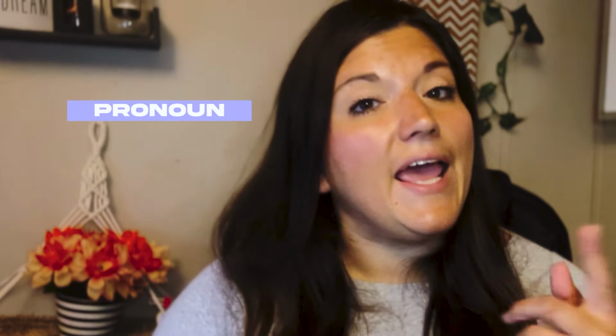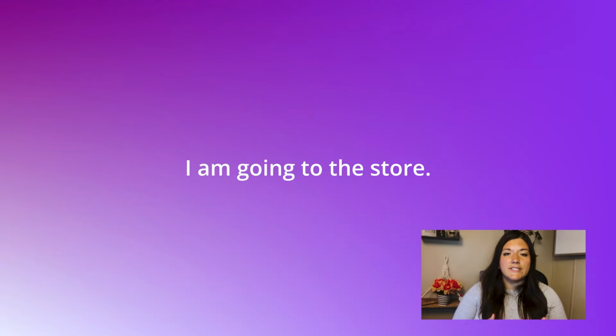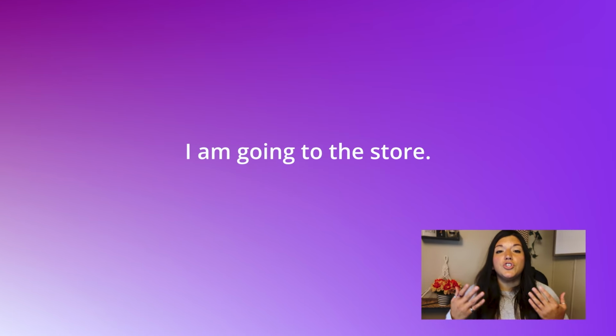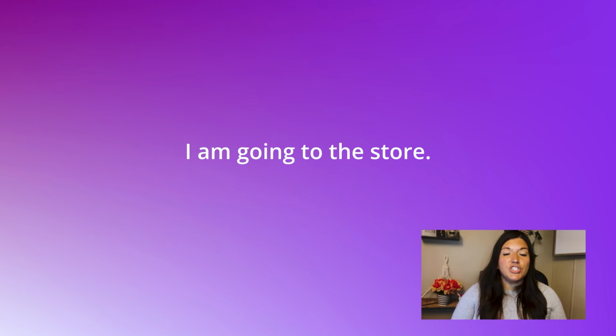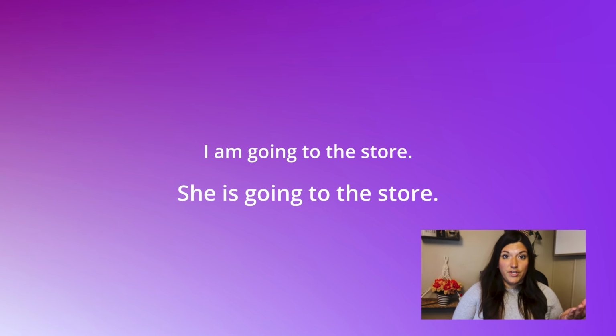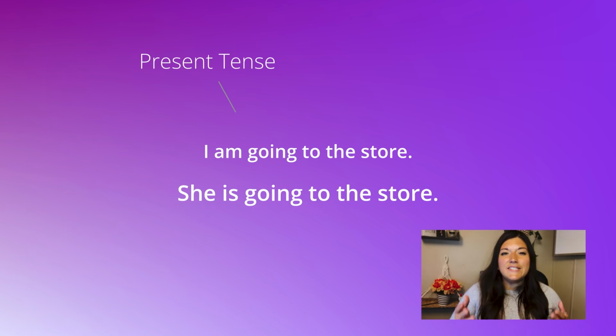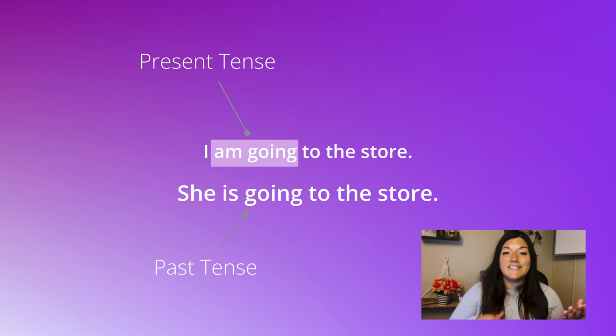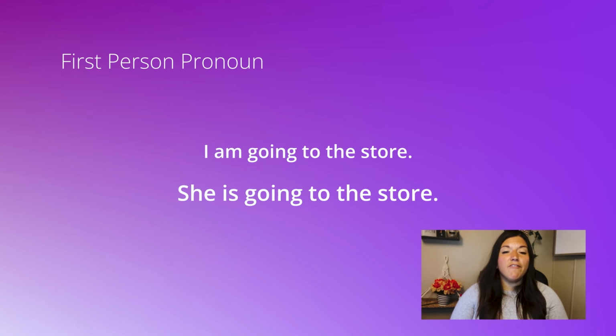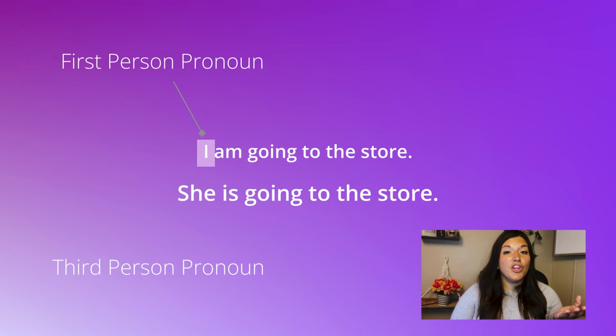So to form reported speech, you usually need to change the verb tense and the pronoun. For instance, in the sentence that I just mentioned, I am going to the store changes to she is going to the store. The present tense am going changes to the past tense is going. And the first person pronoun I changes to the third person pronoun she.